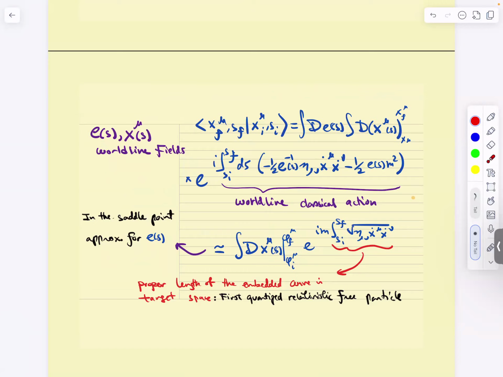All right, very good. So we talked about this. I'm not going to repeat it. The action that you would like, the desirable action for a massive relativistic particle, is like this, but that doesn't look like a nice kinetic term. The trick we used was that we realized we could write this action in this form, promoting this e(S) to a field and then performing a path integral over it. Now, when you do the path integral over it, this is basically a Lagrange multiplier.